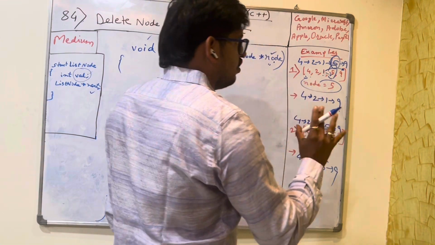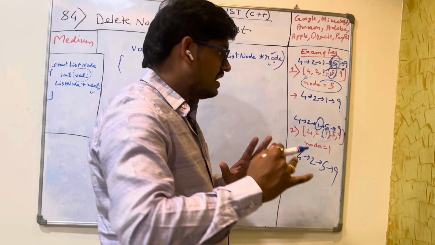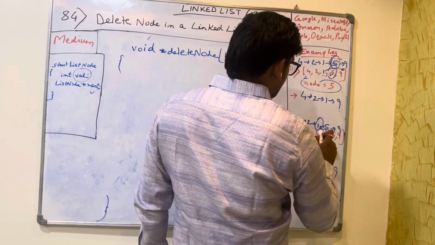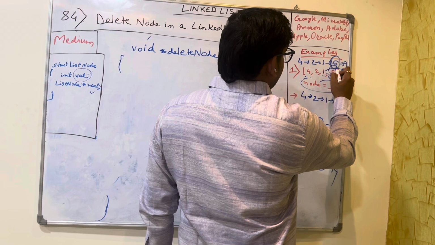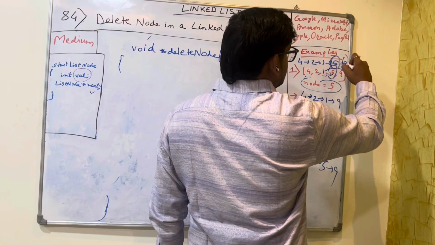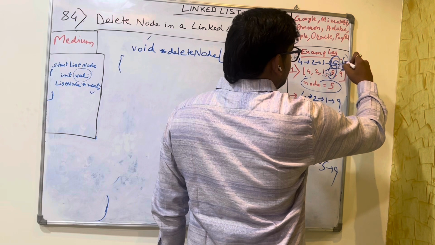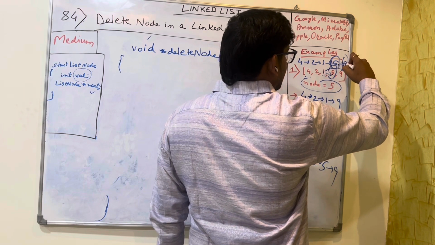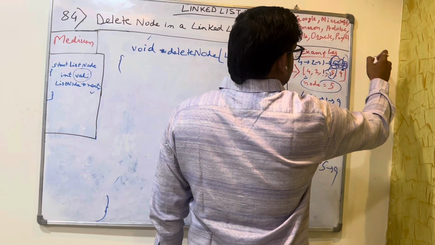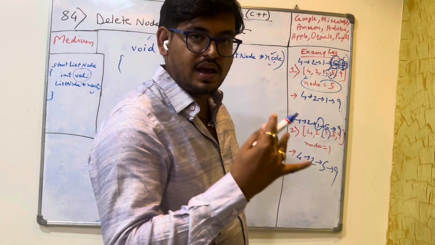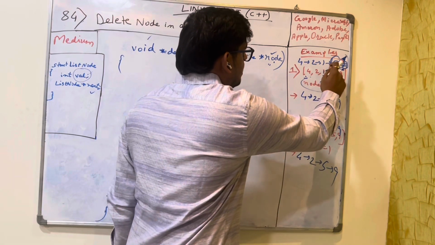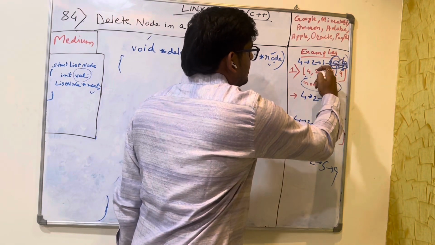If we have a node, we can remove the one after it. If this was given like this, 4 2 1 5 9, and we are given 5, we can remove this 9 by pointing 5's next, instead of 9, to 5 next ka next. So this connection will be removed and this would go here. We can do that, right? But we can't remove this connection, right?